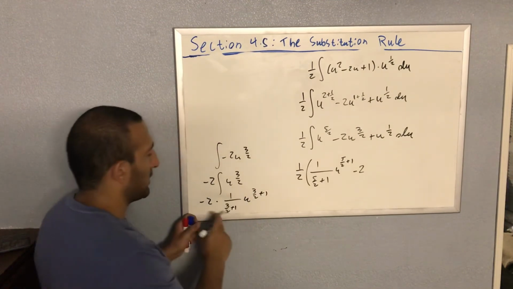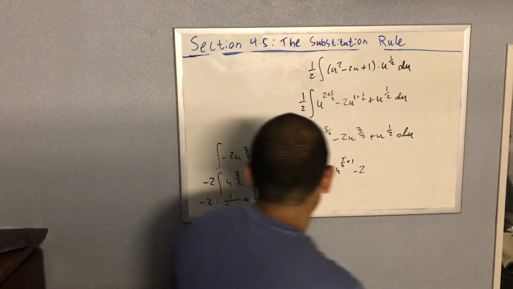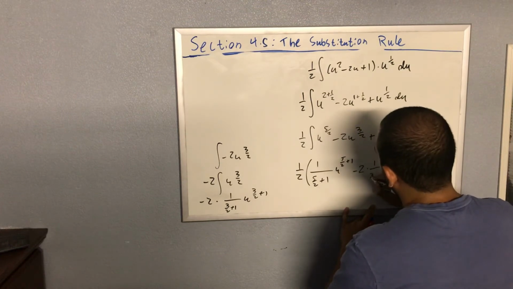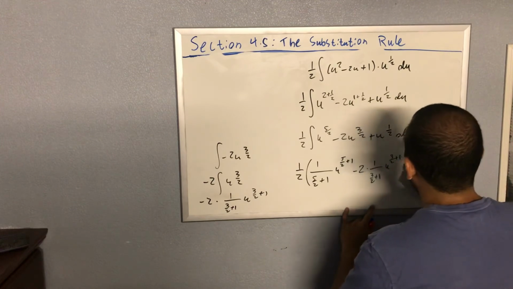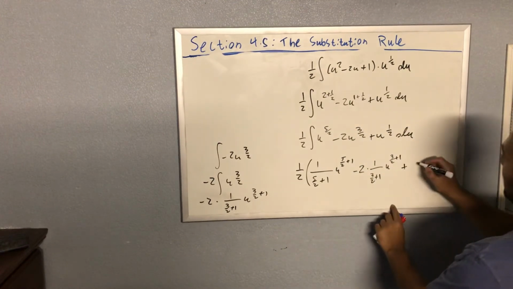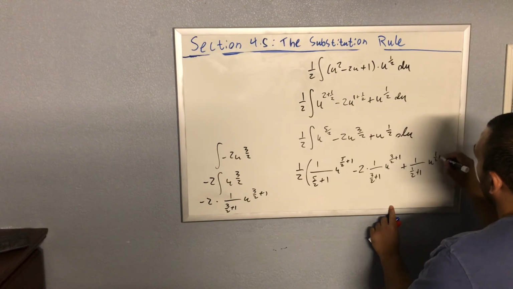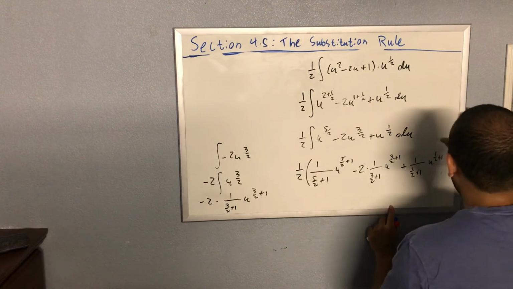So negative 2 is multiplying all of that. So you have negative 2 times this guy, and then this one is 1 over 1/2 plus 1 plus c.